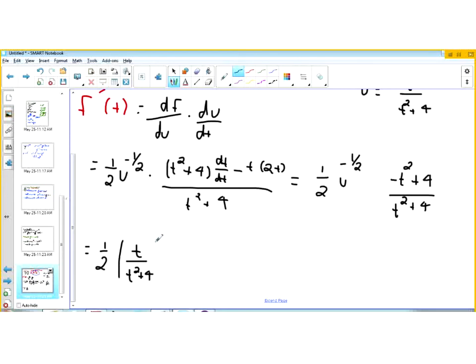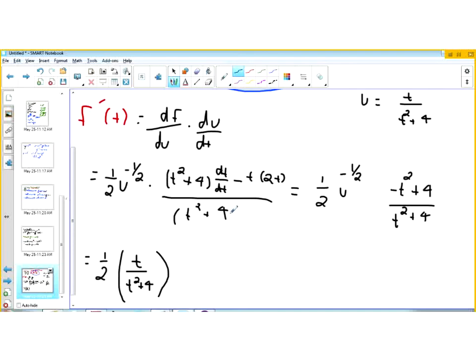And all of this to the minus 1/2. I forgot to square that, didn't I? Sorry, I need to square the bottom, right? Okay, make that correction.